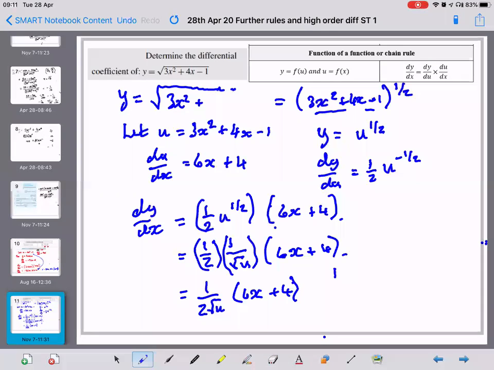One over 2 times the square root of 3x squared plus 4x minus 1, and all of that is times 6x plus 4.